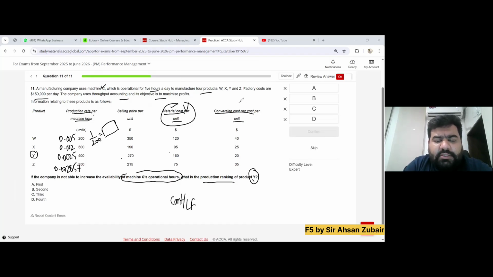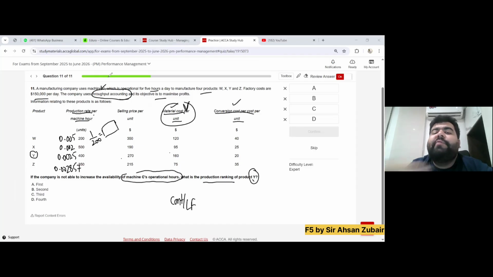Conversion cost we'll consider as fixed cost. Material cost is variable cost, because according to throughput accounting, all costs other than material, even labor and expenses, are fixed. Sometimes overheads are treated as variable, but according to throughput accounting the only variable cost is material cost.